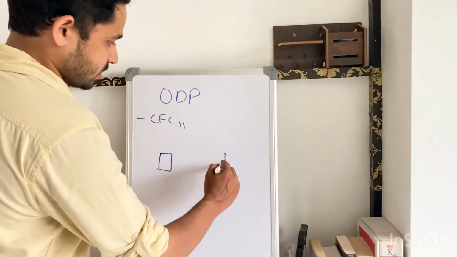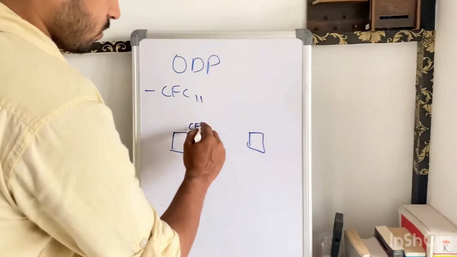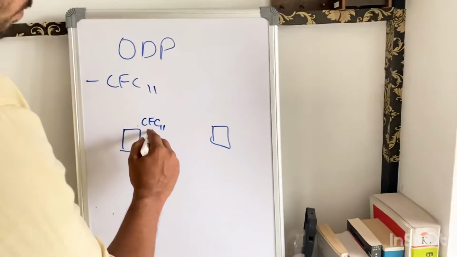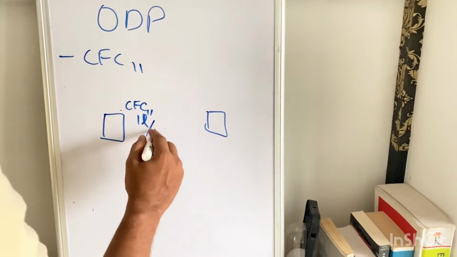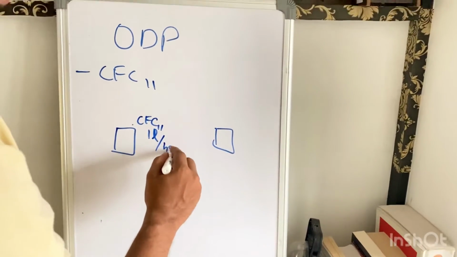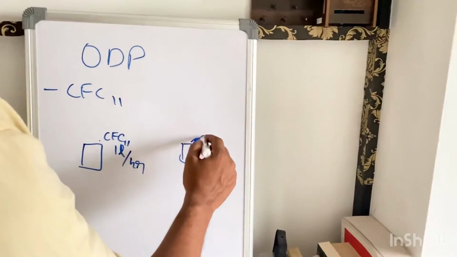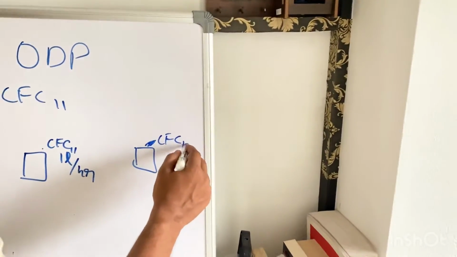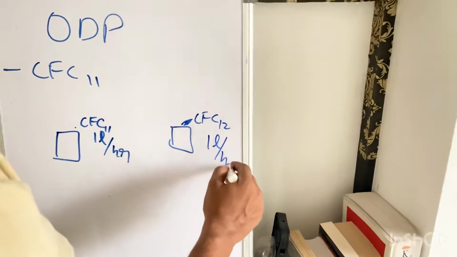Consider two refrigerators. One is producing CFC 11 at the rate of 1 liter per hour. And consider another refrigerator which is producing CFC 12 at the rate of 1 liter per hour.